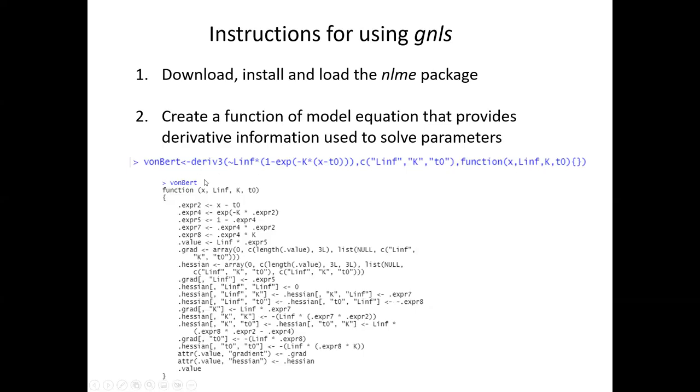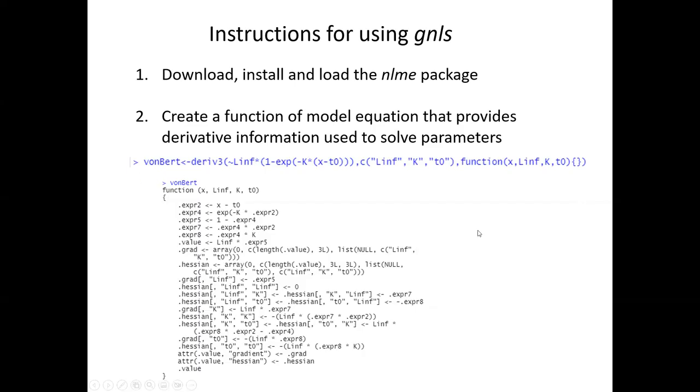And what this provides is just all the derivatives for each of the parameters which are in these .grad functions. You see .grad k, .grad t0. These are the derivatives, and then you have to match up here with these different expressions. And it provides the equations for the Hessian, which when you invert it, you get the variance covariance matrix from which you can then get the standard errors.